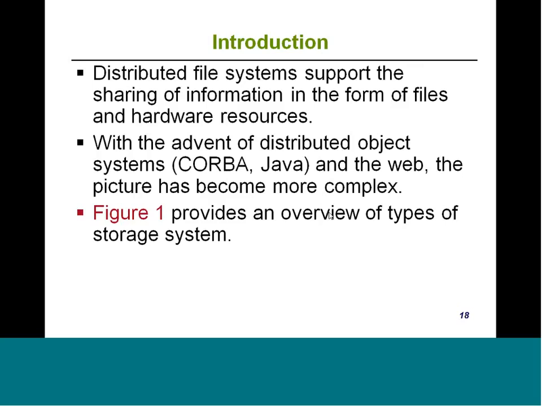A distributed file system supports sharing of information in the form of files and hardware resources. There are distributed object systems like Corba and Java and the web. The picture has become much more complex. What I mean is exactly the same thing.